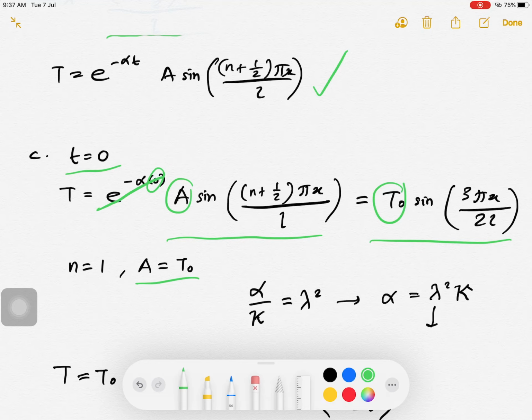Okay, and then we consider this component and this component. We can find that n is equal to 1.